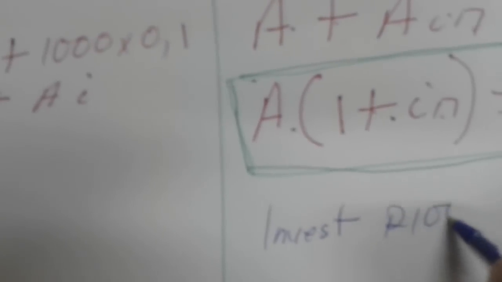We invest 100 rands in an account, earning interest at, let's say, 5% per month, right? 5% per month.